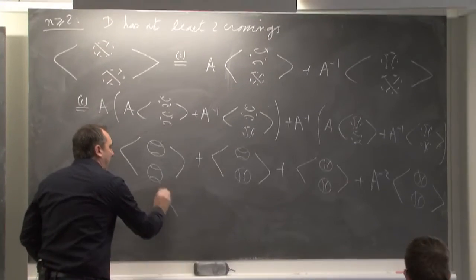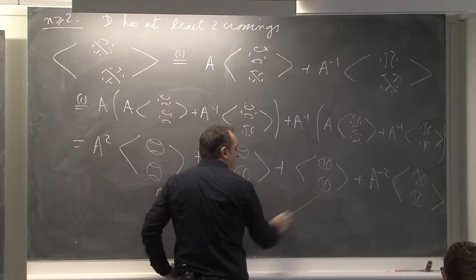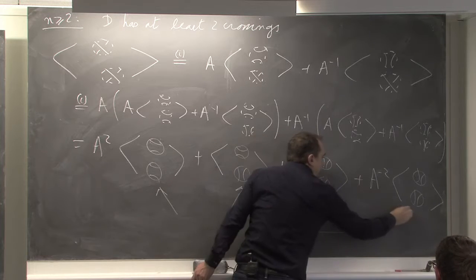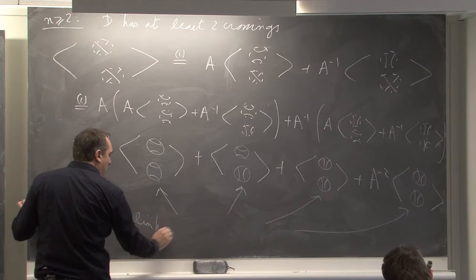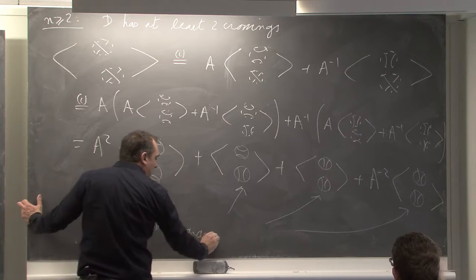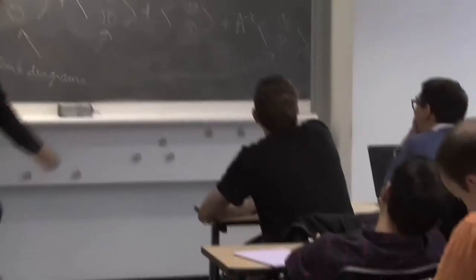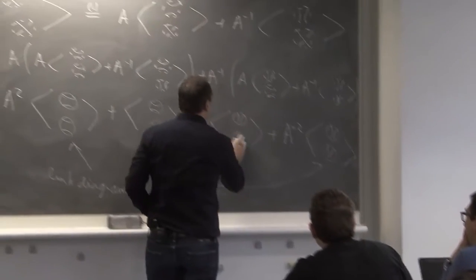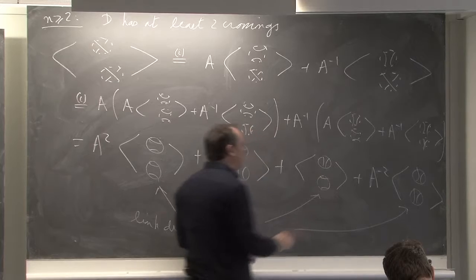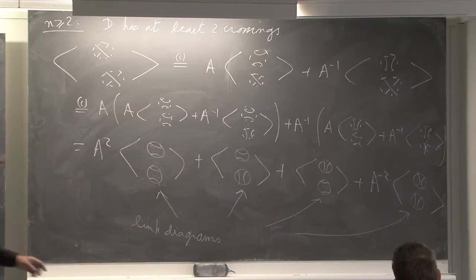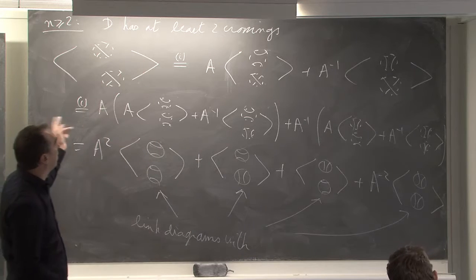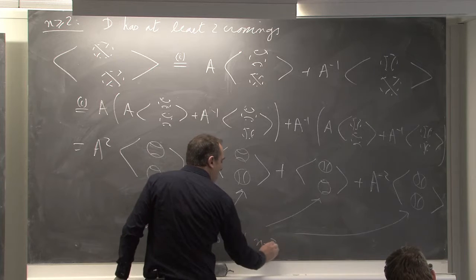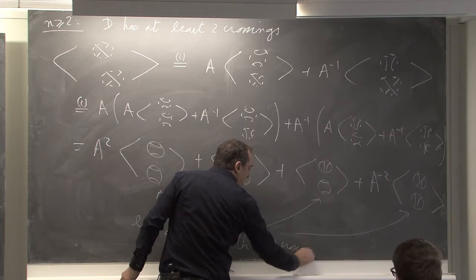These diagrams, what are they? They are link diagrams. Sorry, the third one is the same as the fourth. Okay, thanks. So these are link diagrams with n minus 2 crossings.